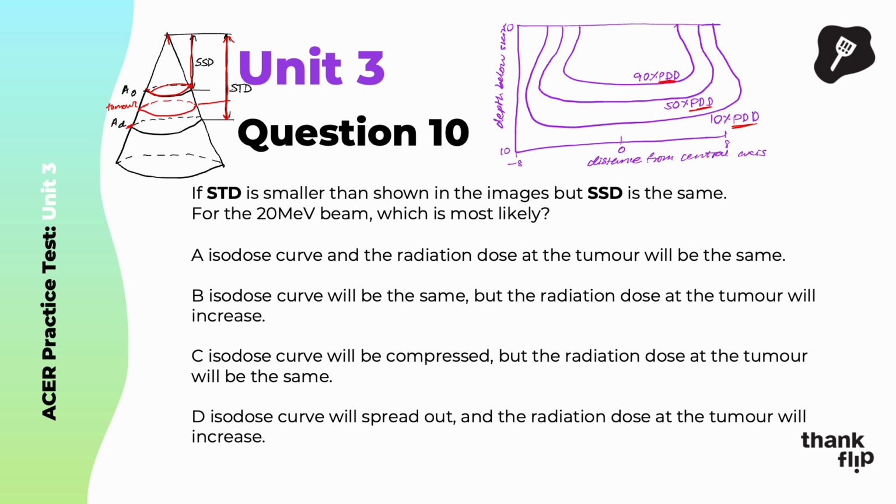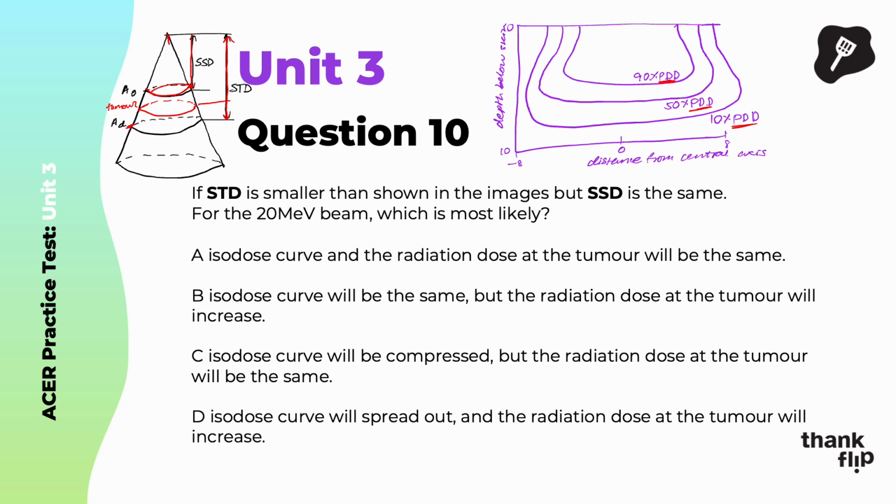So if it's less, that means the tumor is absorbing less radiation. If it's closer to 100%, it means the tumor is absorbing closer to 100% of the radiation being given, so it's getting a higher dose, okay? So that's what PDD means.